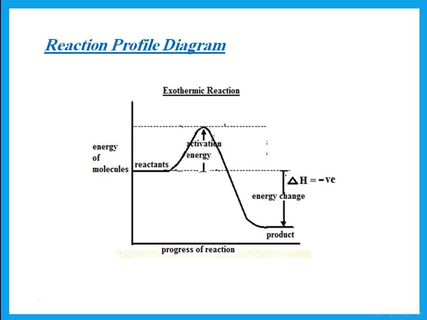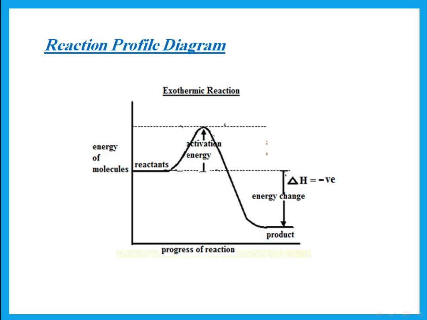Now, for an exothermic reaction, we know that the products have less energy than the reactants, and that means the difference in energy, or the heat change or the enthalpy change, would be a negative number. So if delta H is negative, this is an exothermic reaction.